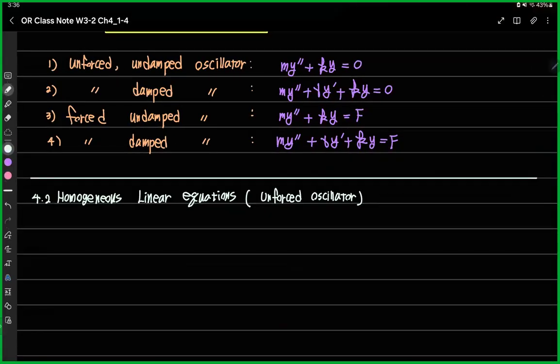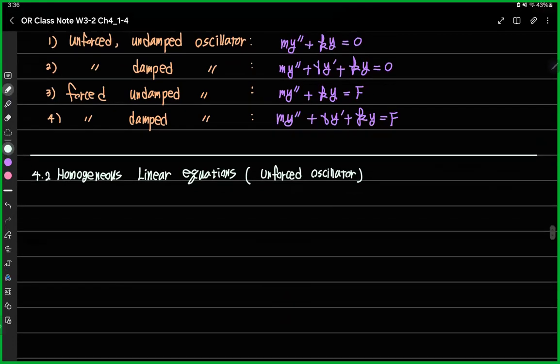Okay, so let's just go over homogeneous linear equations. We're going to start from the spring-mass system, m y double prime plus gamma y prime plus k times y is equal to f.